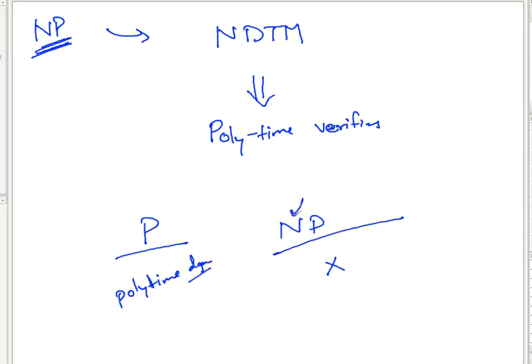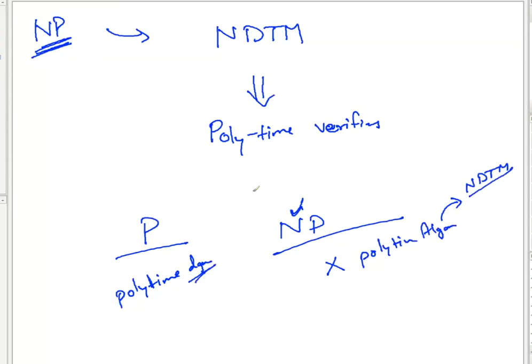NP, here the N comes from a non-deterministic Turing machine. So it's a polynomial time algorithm, but this algorithm is solved using a non-deterministic Turing machine. It is still a polynomial time algorithm, but using a non-deterministic model, while here the algorithm is a deterministic model.